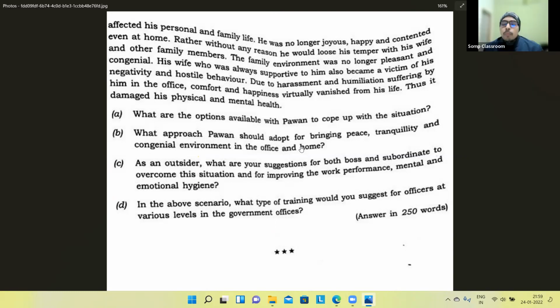So one more point, just for your information: as an outsider, you can provide feedback. Suppose someone comes into that office and says, this person is not good. Feedback. You have generated a feedback loop. Feedback should be acted upon.